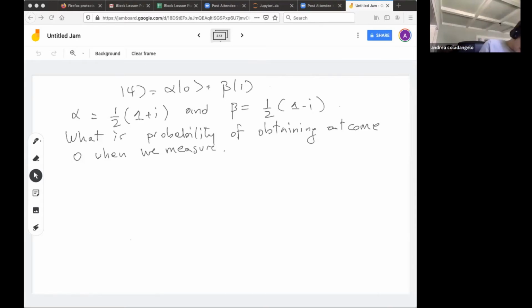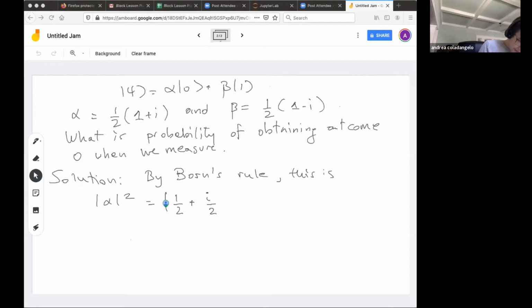0.707. Okay, so let me show you what I have. The probability of obtaining outcome 0, by Born's rule, is the modulus of alpha squared. Do you agree? And the modulus of alpha squared in this particular example is the modulus squared of this number here.